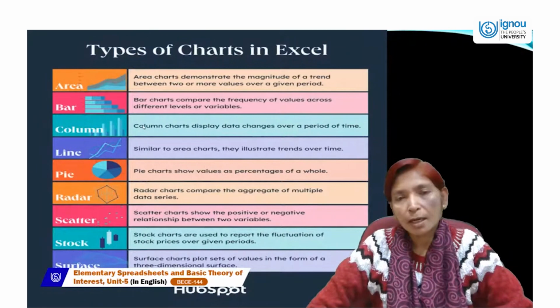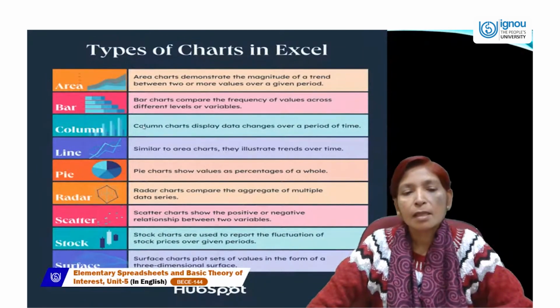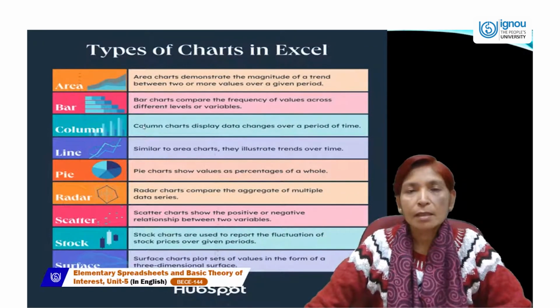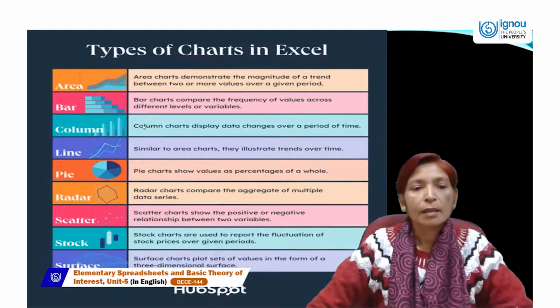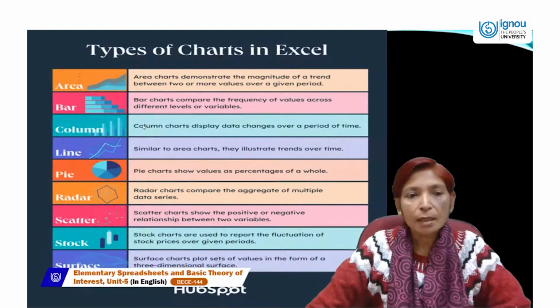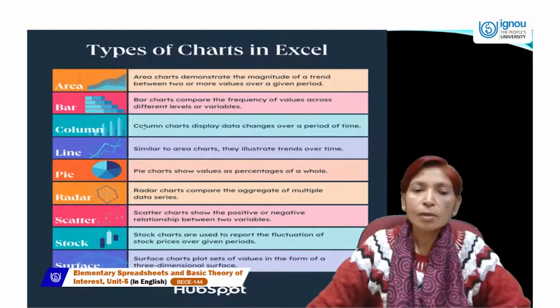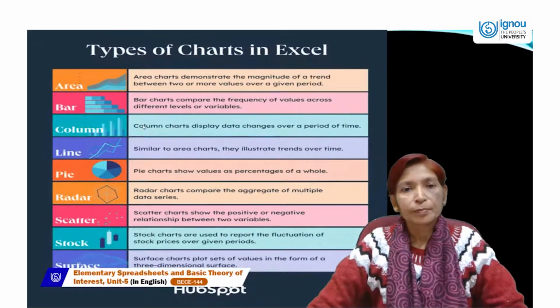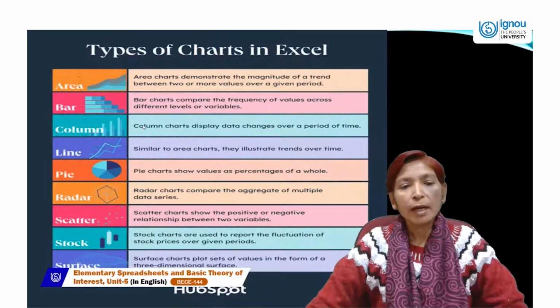Next is pie chart. Pie chart is circular, and we can present anything in this pie chart. It shows the values as percentage of a whole. Next is radar.